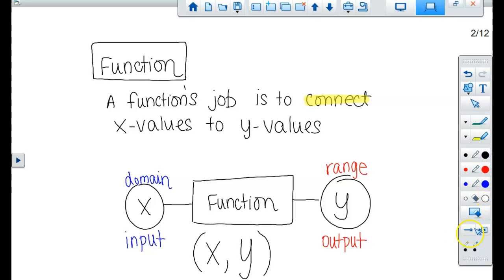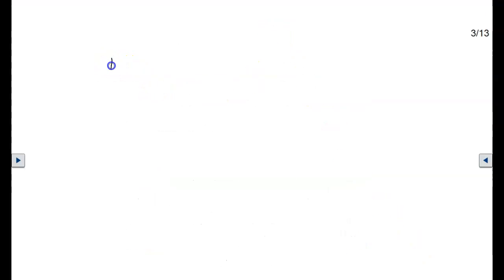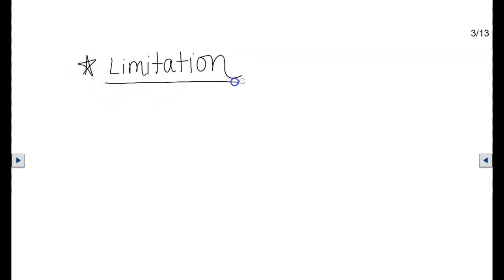All right, now, the next thing we need to talk about is this. A function has a really important limitation placed upon it, which means that a function can't connect just any x with any y. It can't behave just any old way it wants to.